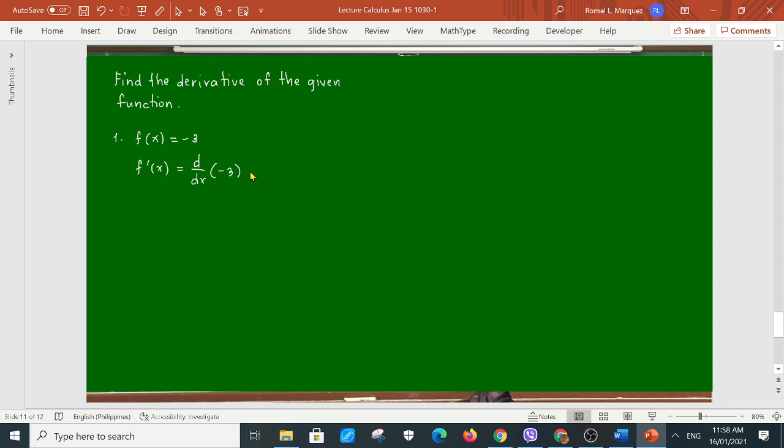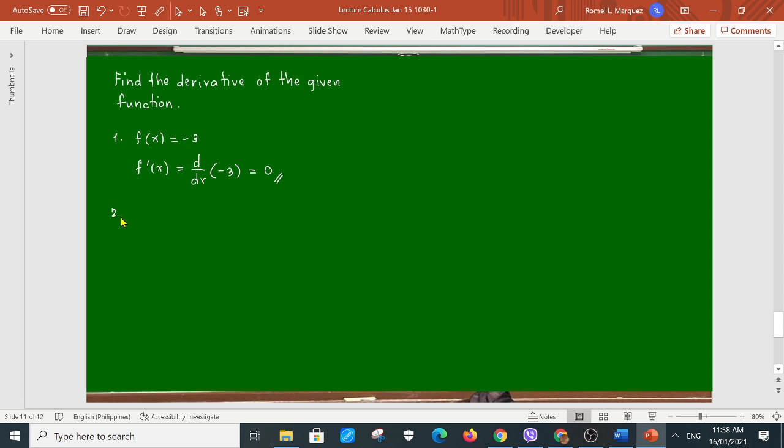The derivative is equal to 0, because it is a constant. The graph of a constant function is a horizontal line, and its derivative is 0 because, remember, derivative is interpreted as a slope. The slope of any horizontal line is 0.